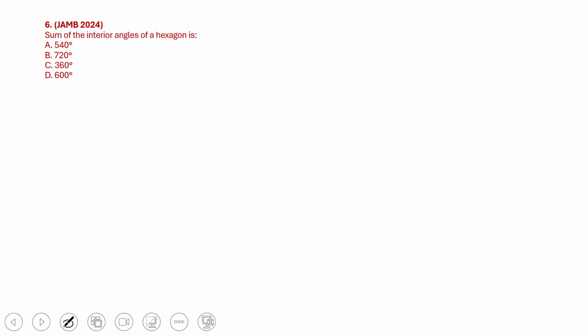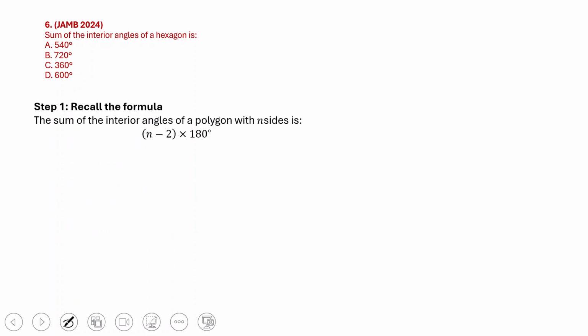So the next question here, number 6, says the sum of interior angles of a hexagon is. The first thing we ask ourselves: what's a hexagon? A hexagon is a polygon, and it just depends on the number of sides the polygon has. I have different kinds of polygons.